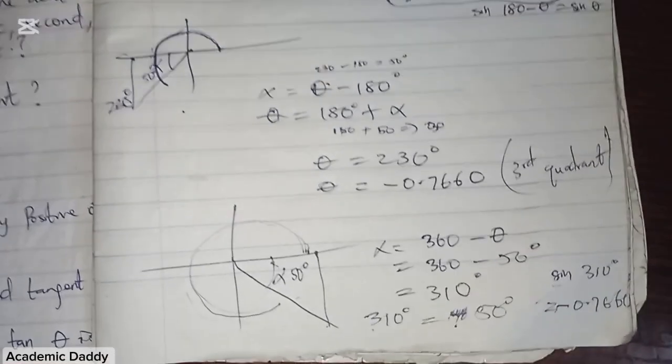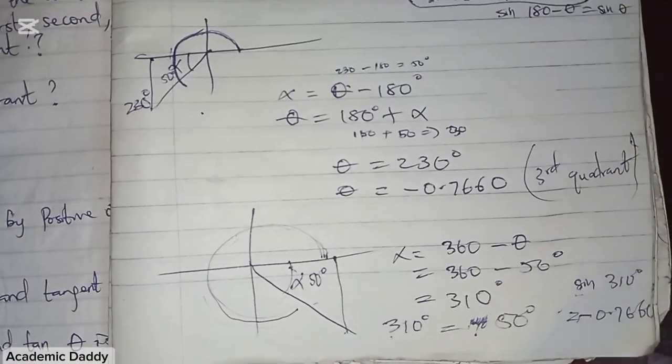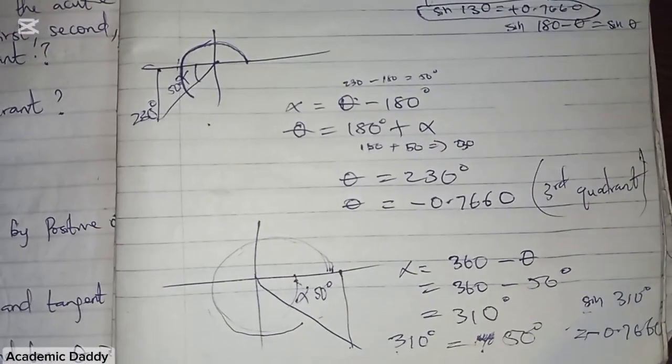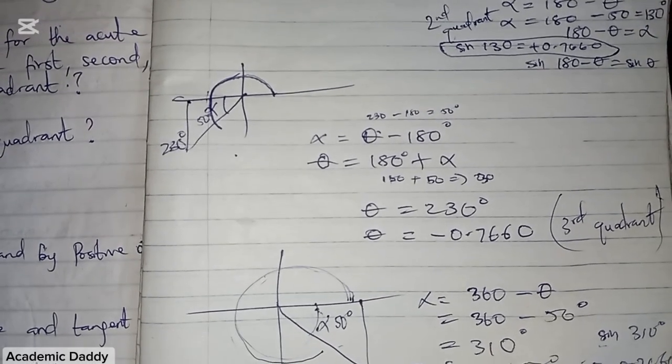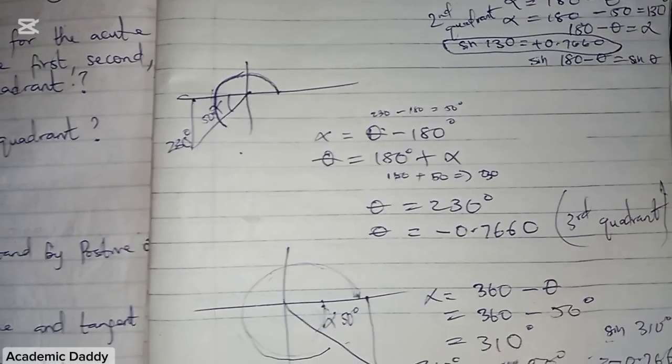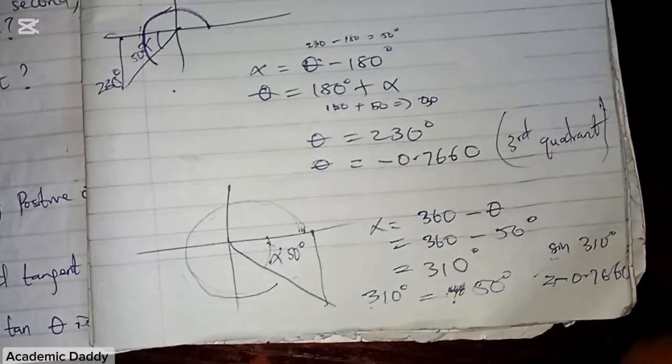So I believe you understand. If you understand this, let's do sine 310 degrees. So that's in the negative.